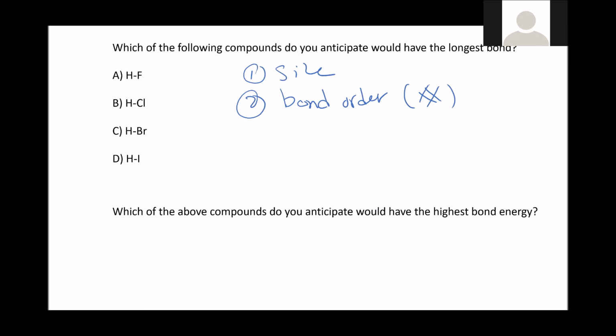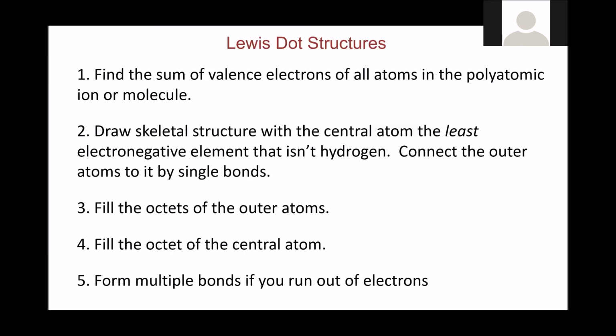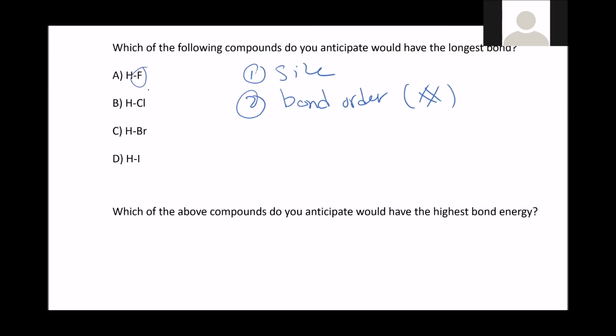So the only difference is going to be the size of the atom involved in that molecule. So as you know, if you remember last lecture, when we discussed the size, as you go from fluorine to iodine, is going to be an increasing size. Size increases as you go from fluorine to iodine because they're put in the same order as they are in the periodic table.